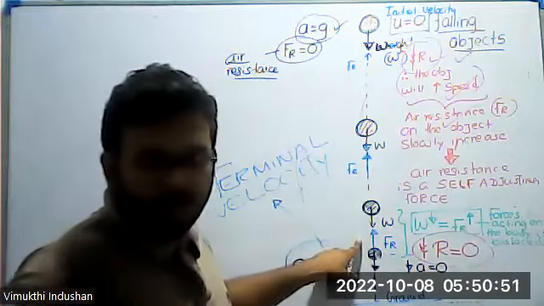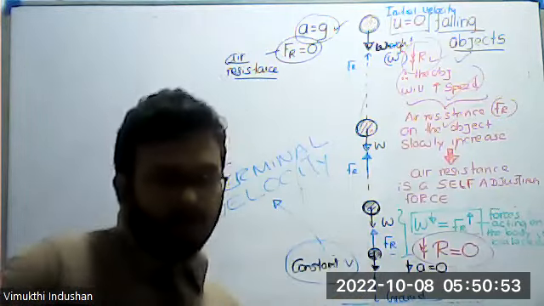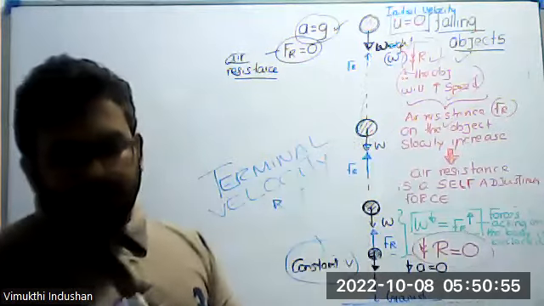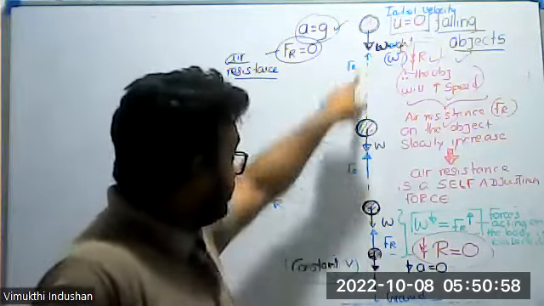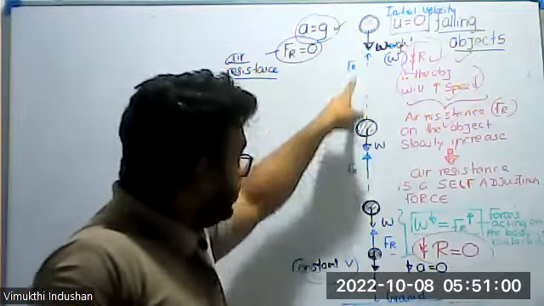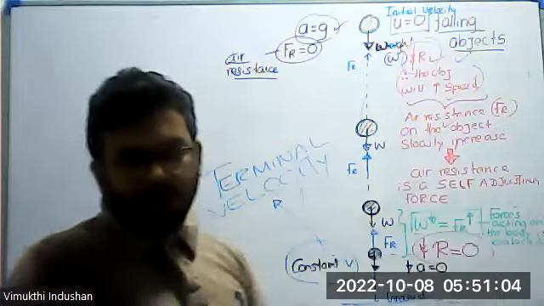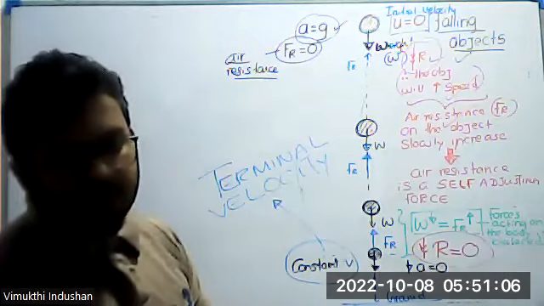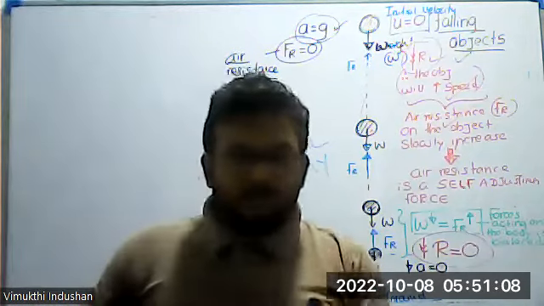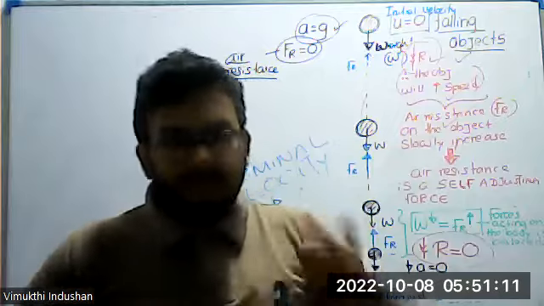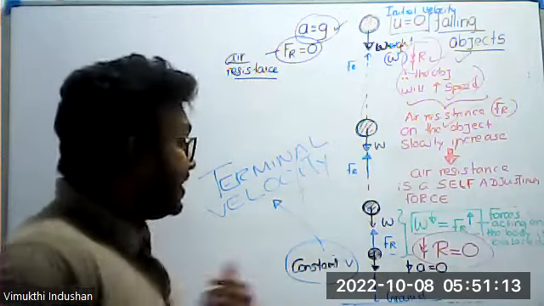Why? Weight acting downward is now equal to the upward air resistance, which has developed from zero as the object is speeding up. This is called a self-adjusting force. Air resistance is called a self-adjusting force because it can start from zero and increase as the velocity is increasing, as the speed is increasing.